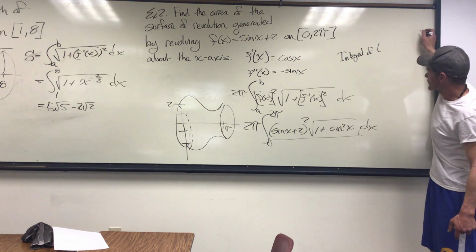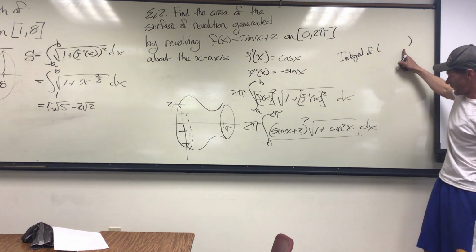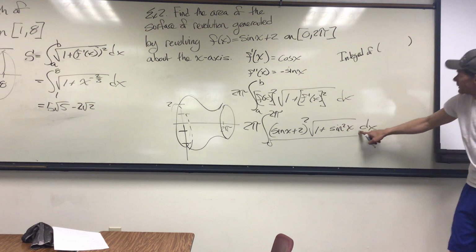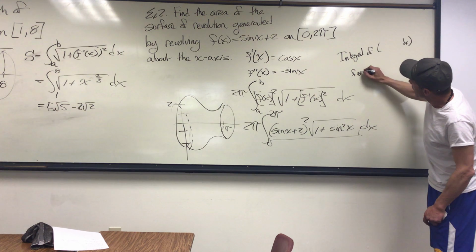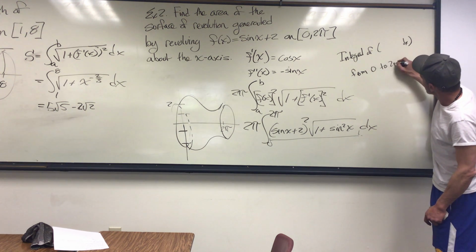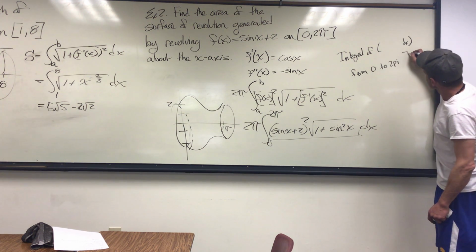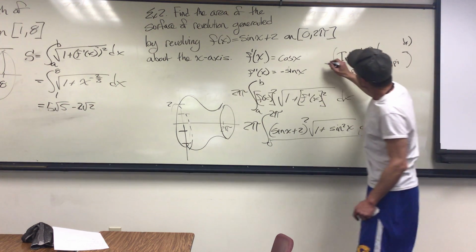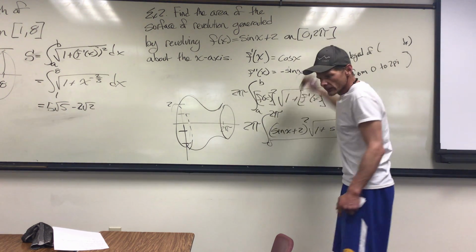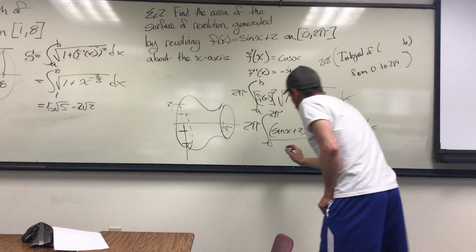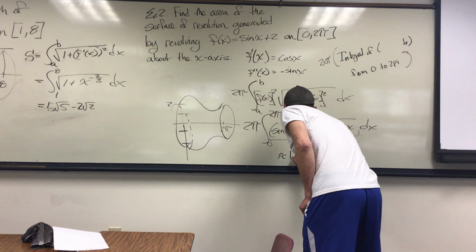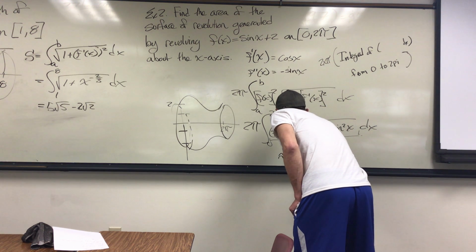I put a parentheses here, and I put everything in there, this part, and I put a dx at the end, and I wrote the words from 0 to 2 pi, and then I put another parentheses around the whole thing, and I multiplied it by 2 pi, and approximately 218 came out. 218 square units.